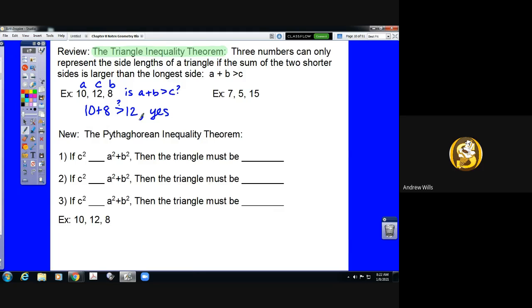Whereas on the second example here, C is 15, A is 7, B is 5. So if we check that inequality, 7 plus 5, is that greater than 15? Well, the answer there would be no, which means these 3 numbers are not a triangle.